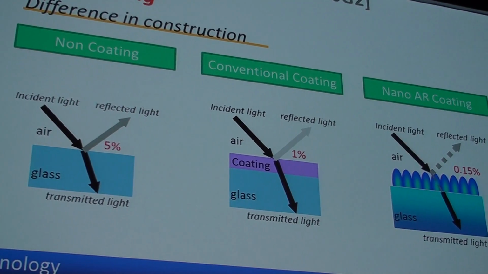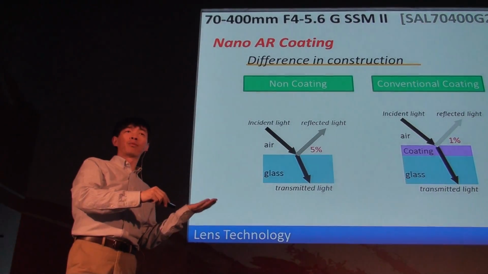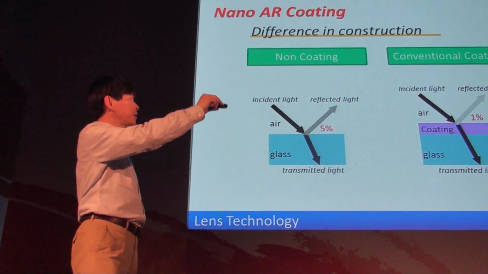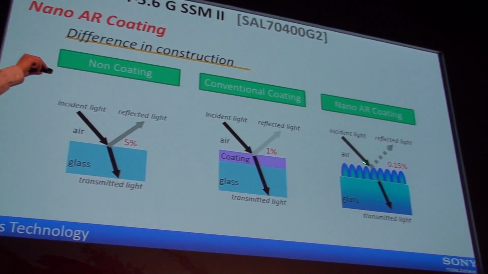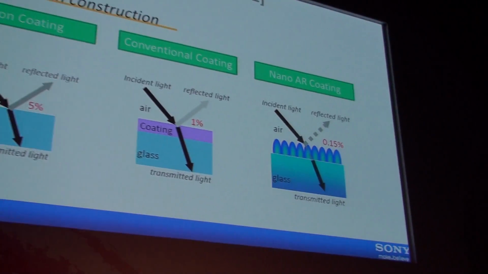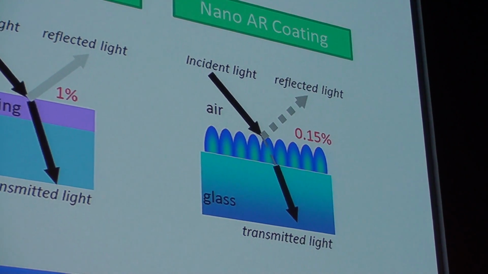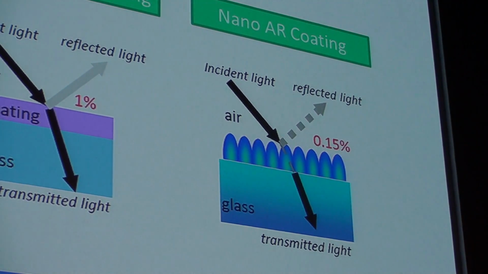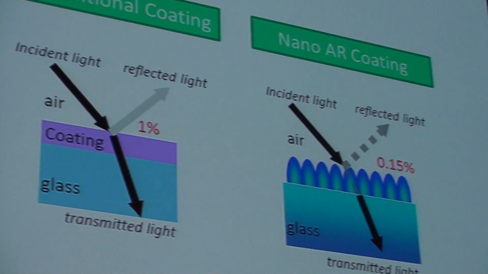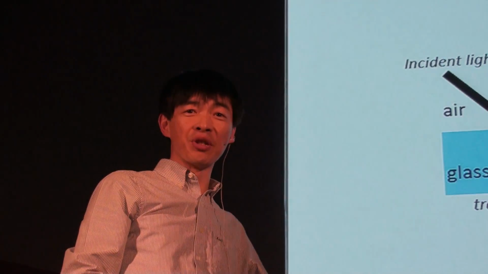So it becomes ghost or flare. But in this case, there is very small reflection. So this lens can create images with no ghost and no flare.